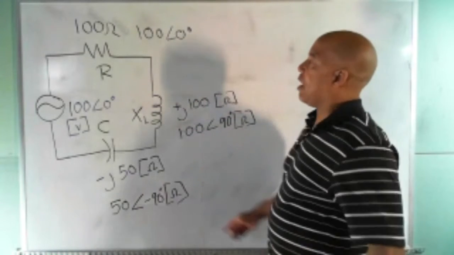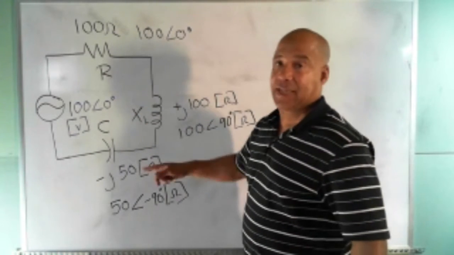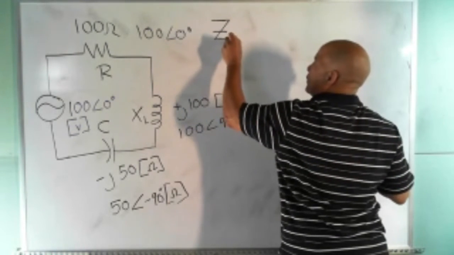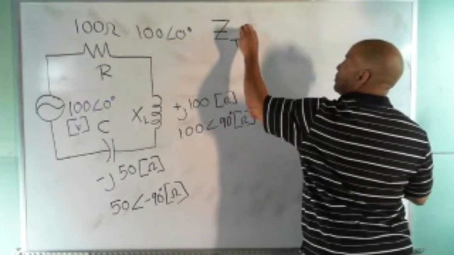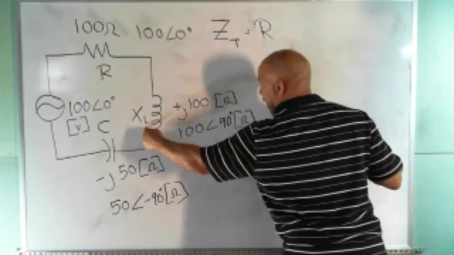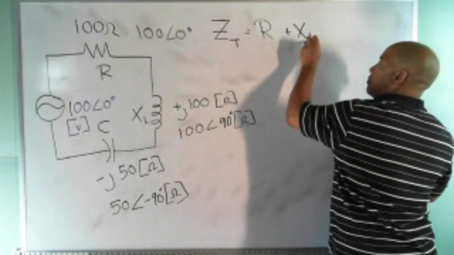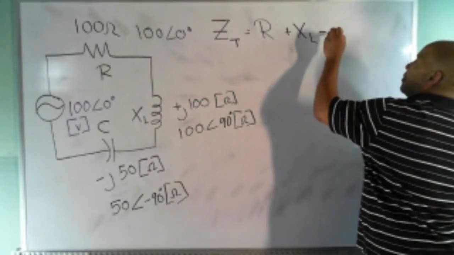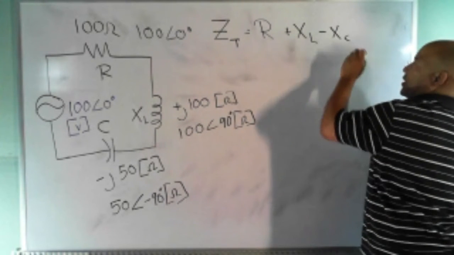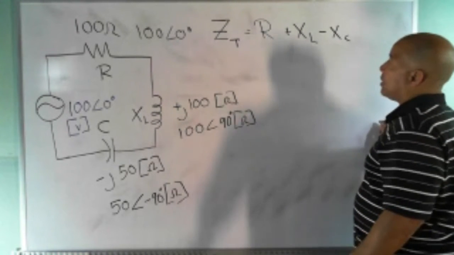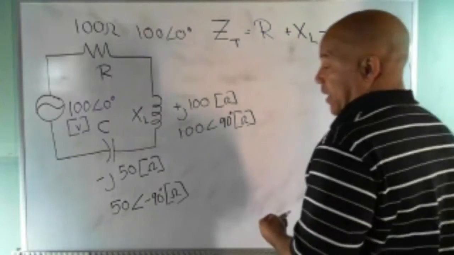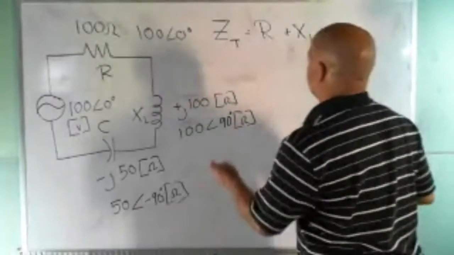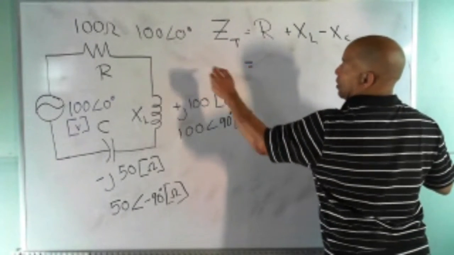Well, in the series circuit, all my oppositions are added up. So ZT, my total, is going to be this plus that plus this. That's a negative number, so I wrote it as a negative. So let's put our numbers in there and see what we get. R is 100.